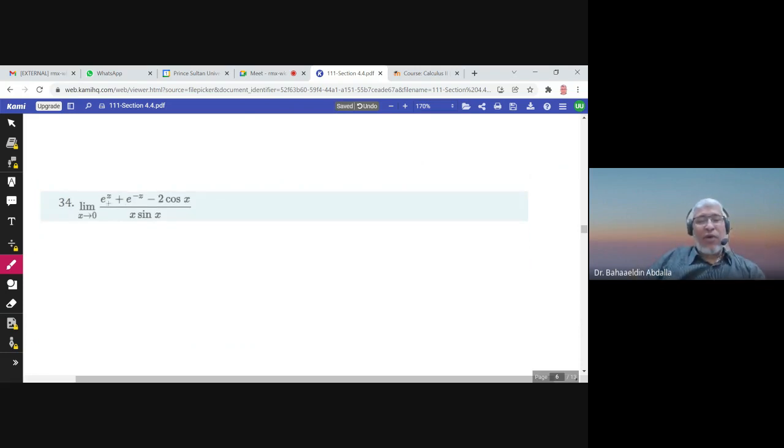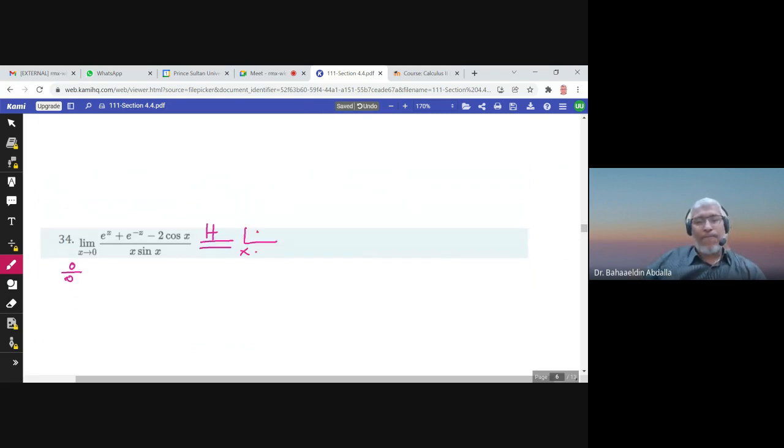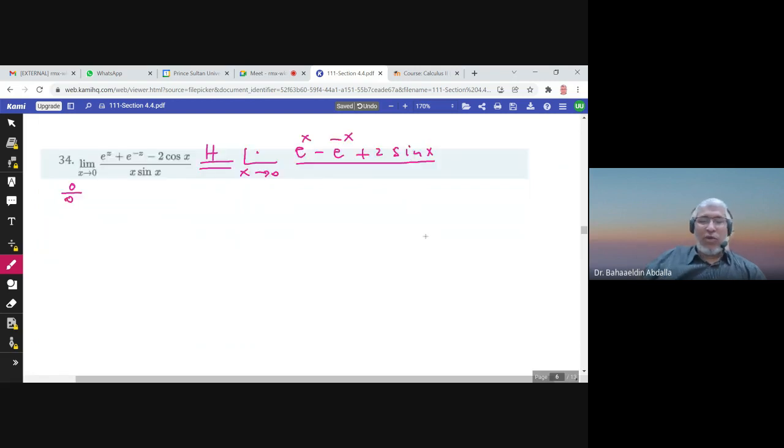If x is 0, 1 plus 1, 2 minus 2, 0 over 0. So I use L'Hopital's. Derivative of e to the x, derivative of e to the negative x, derivative of cosine is negative sine. Product rule, derivative of x is 1, times sine x.